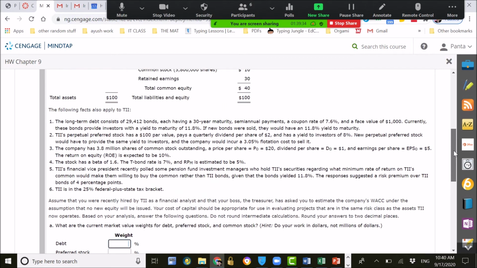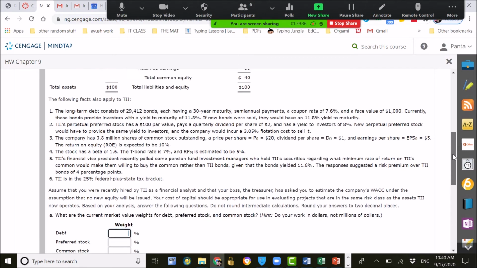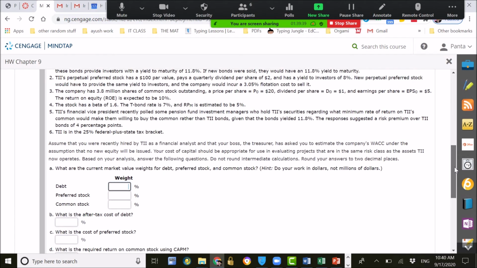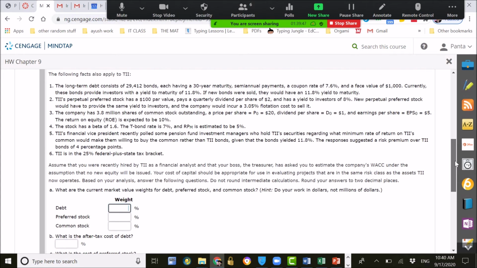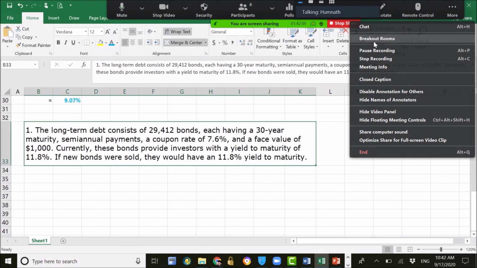If any one of them is wrong, they're all going to be wrong, because you need the correct value to get the correct weights. Say the preferred stock one is wrong, then they're all wrong. So here we are calculating the value of the debt.